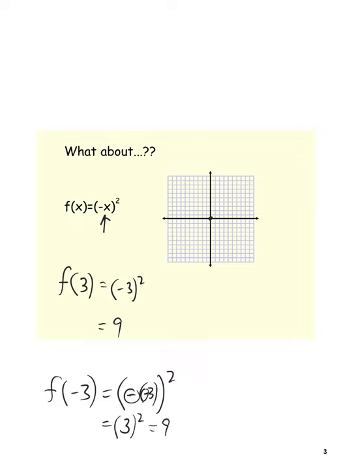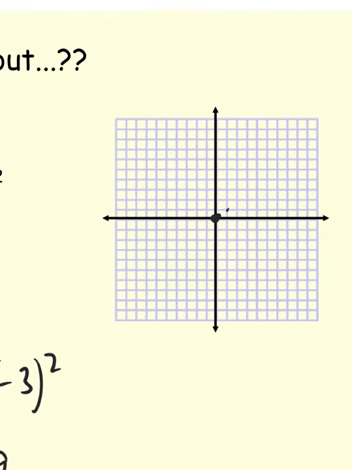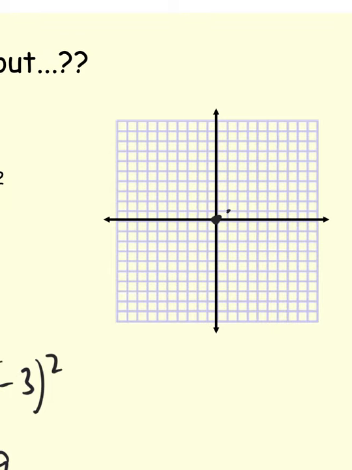So what's unique about this is this graph here is actually going to look the same. We have 1 squared is 1, we have 2 squared is 4, we have 3 squared is 9, and on the left side, we have negative 1 squared is 1, negative 2 squared is 4, negative 3 squared is 9. But what actually happened here is there was a reflection that happened.